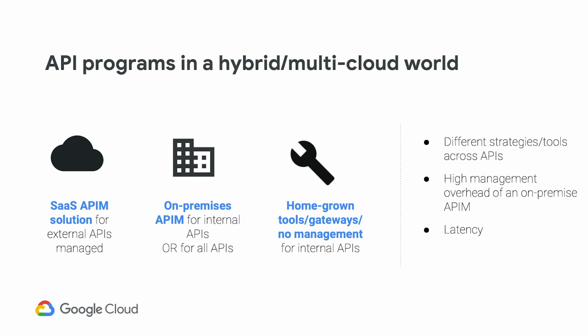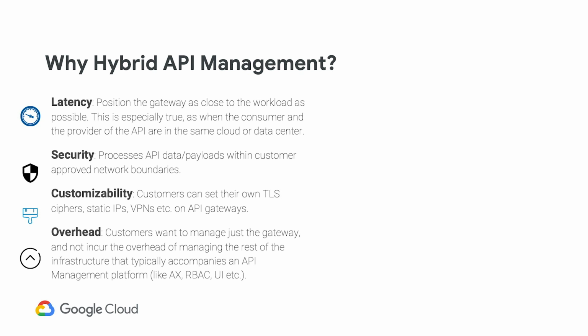For enterprises that were apprehensive about shifting workloads to the cloud, they had the fully on-premises version of Apigee, and they could run it in their data centers. So what really changed? What was missing? One concern that customers expressed with using a fully SaaS offering was latency. Imagine this use case where your consumers and providers are in the same cloud or data center. Now, you really don't want to make a round trip all the way to the cloud to come back in.